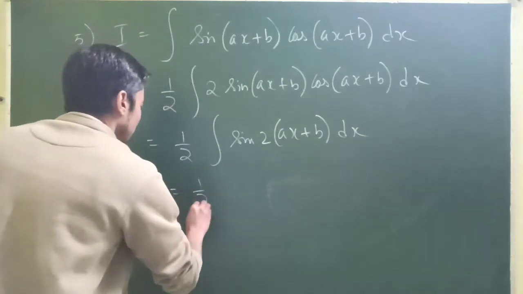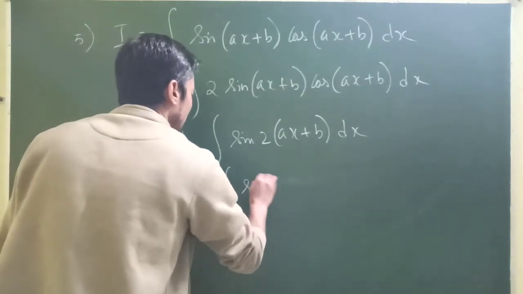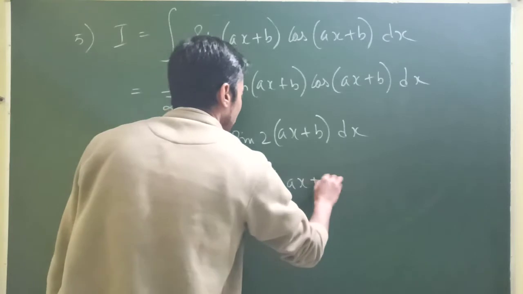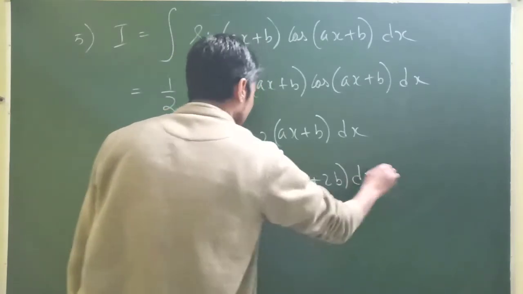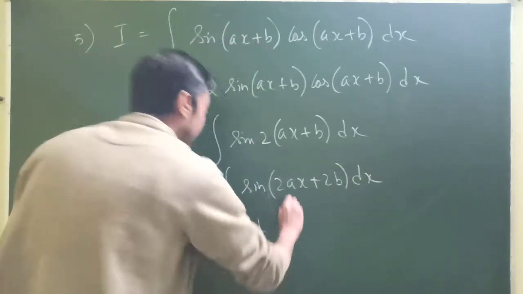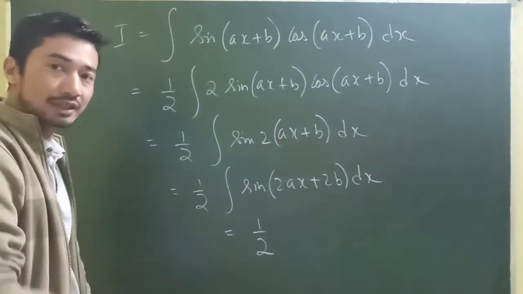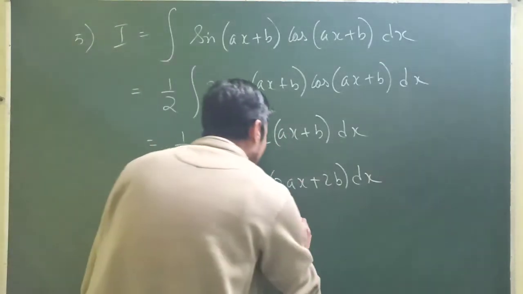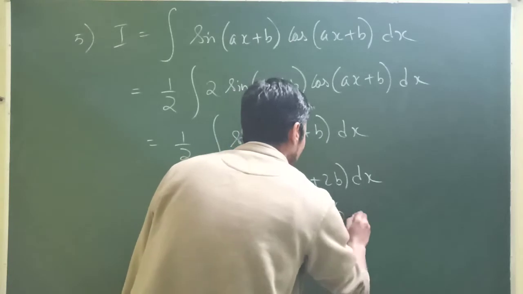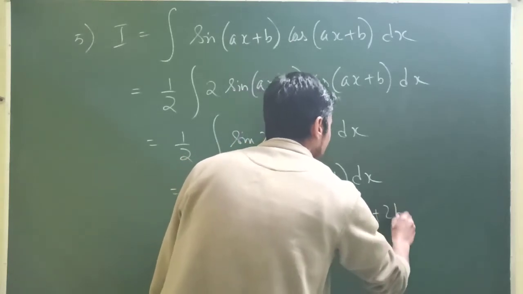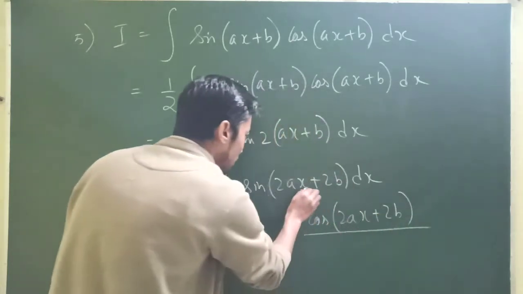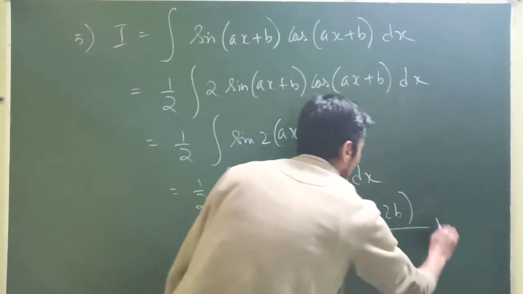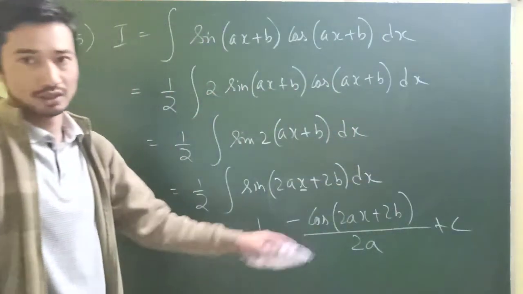So 1 by 2 integral of sine(2ax plus 2b) with respect to x. Now here you can apply the formula that I gave you just now, that is minus of cos of (2ax plus 2b) divided by the coefficient of x, that is 2a, plus c.